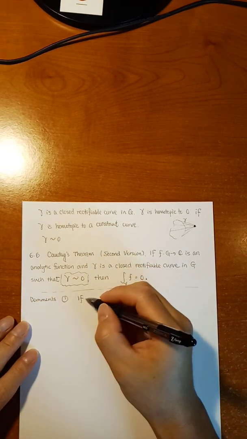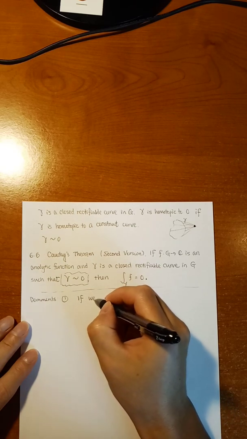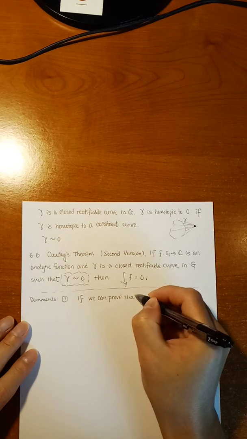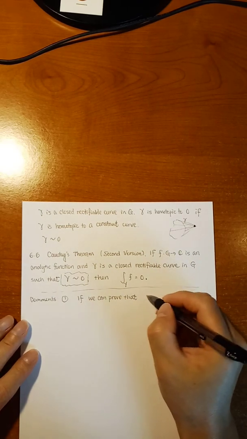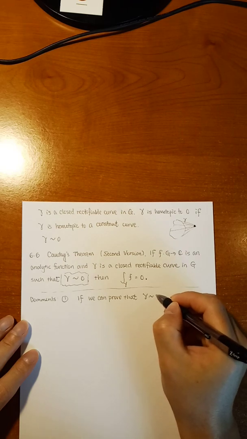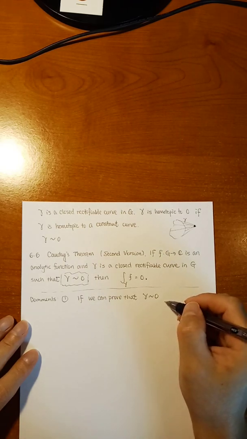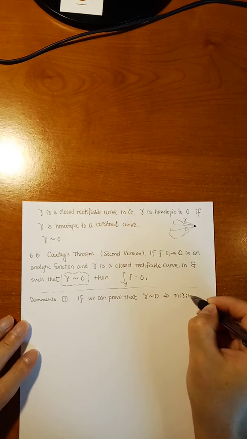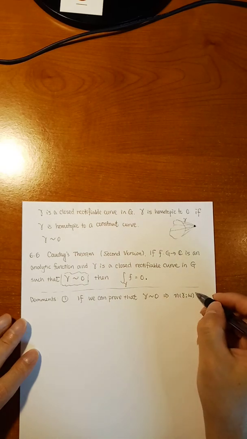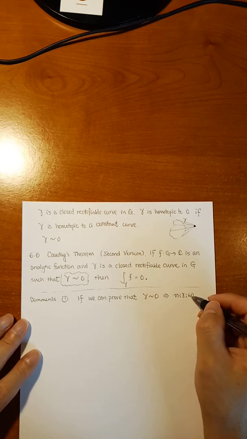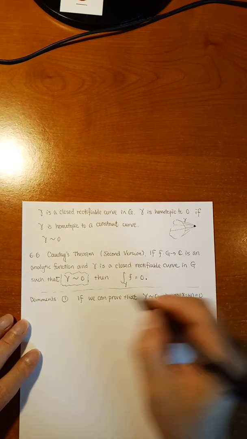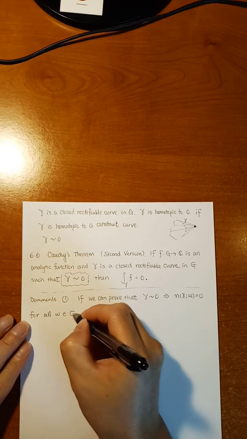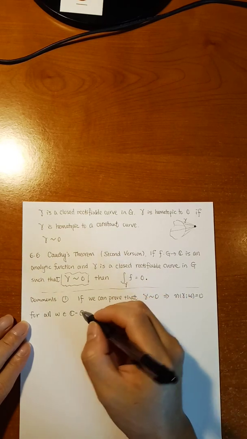If we can prove that gamma is homotopic to 0, this condition implies the winding number of gamma with respect to w is equal to 0 for all w in the complement of G.